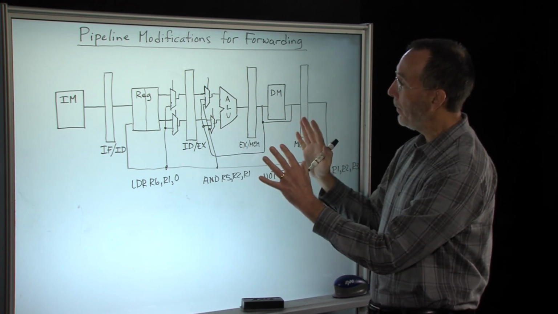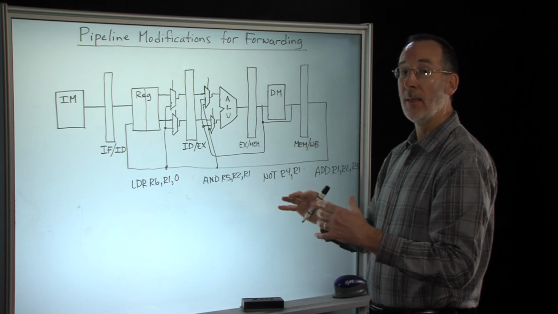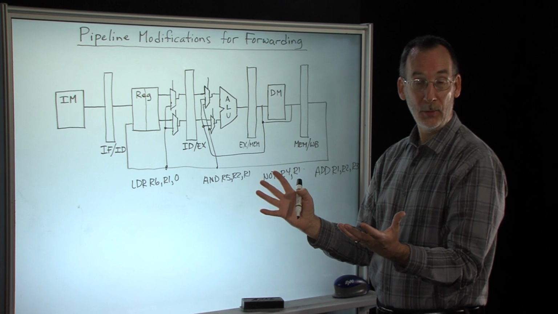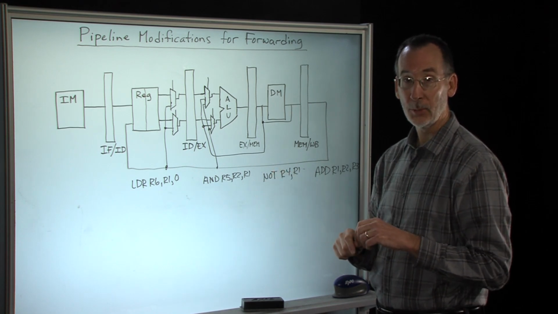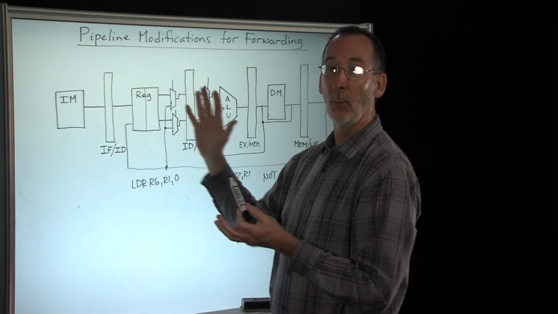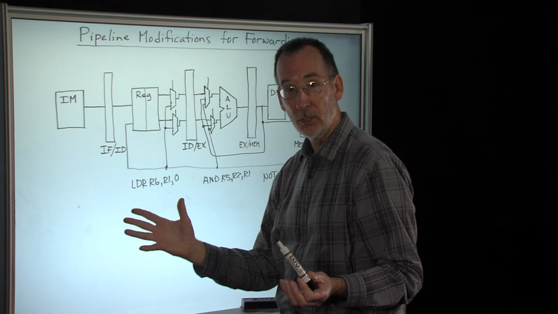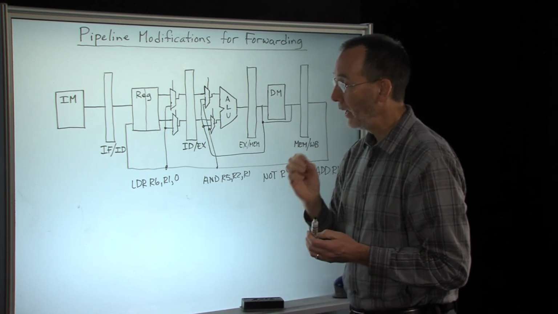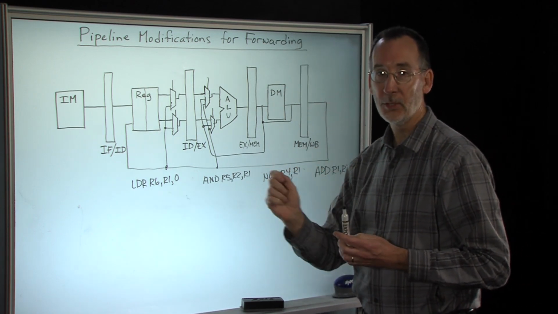Once you have this data path and all that control, you can avoid the problem of getting the wrong value, as we would without this kind of support, or of having to stop the pipeline and wait for the register file to be updated, in which case you lose performance. So here we get both correct operation and high performance with this forwarding hardware.